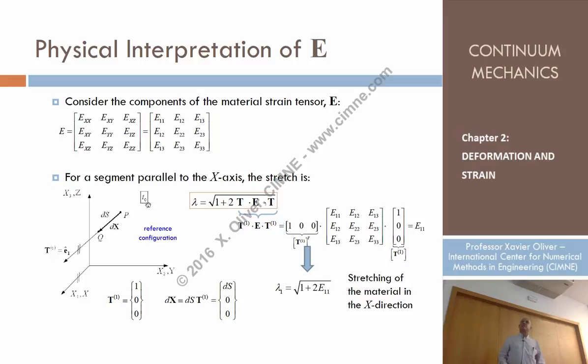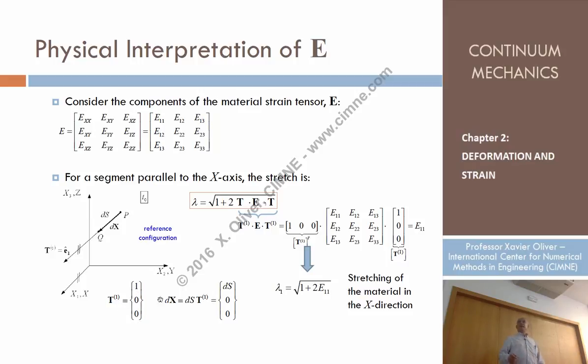For instance, let's consider at the reference configuration two particles oriented in the direction of the first Cartesian axis. So it's two particles oriented in the direction T1, which coincides with E1, the first element of the basis. So the component of T1, which is the unit vector, is 1, 0, 0.